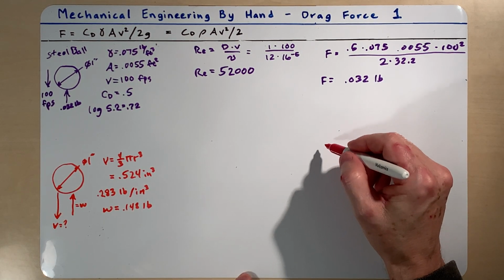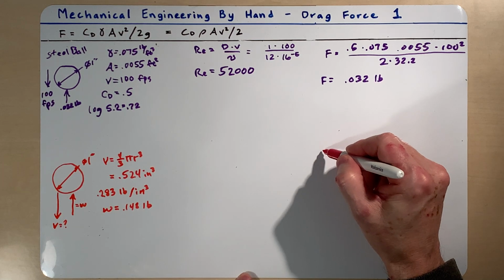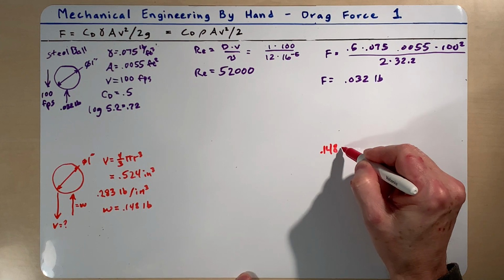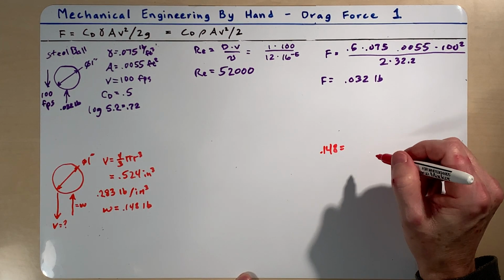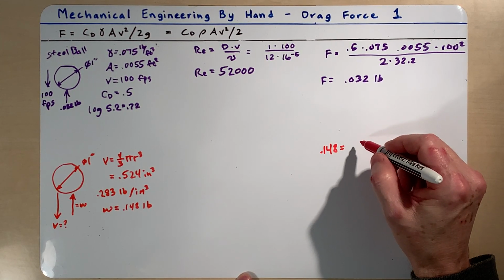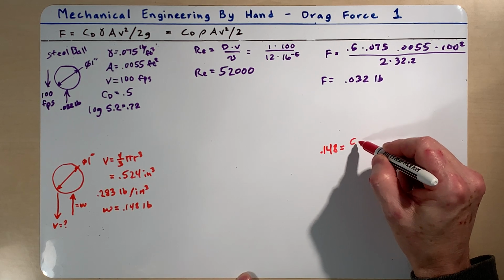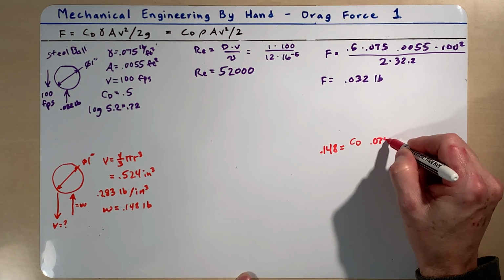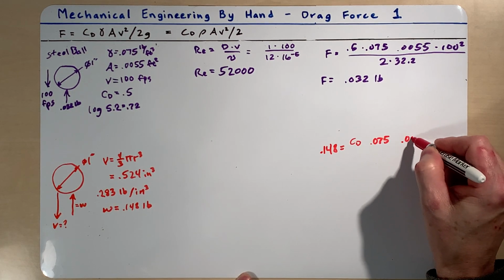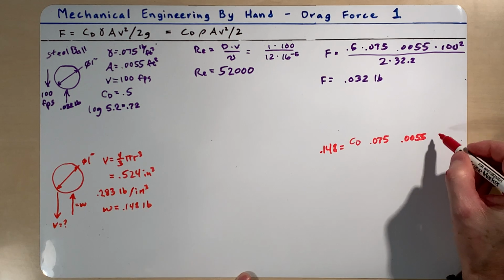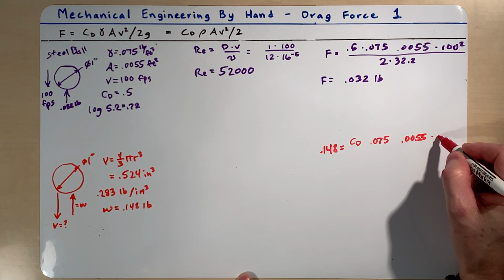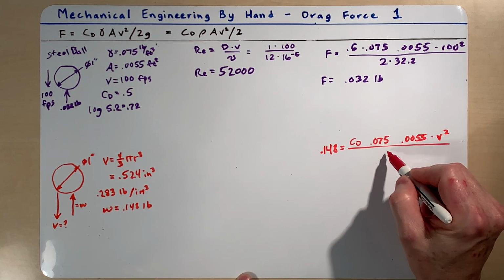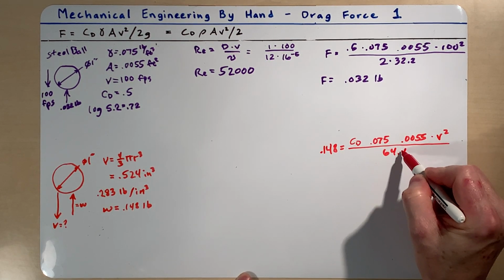So we'll go over here to the drag force equation. The force, which we know, is 0.148, and then we'll need to find the drag coefficient times the specific weight of the air times the area of this object times velocity squared divided by 2g, which is 64.4.